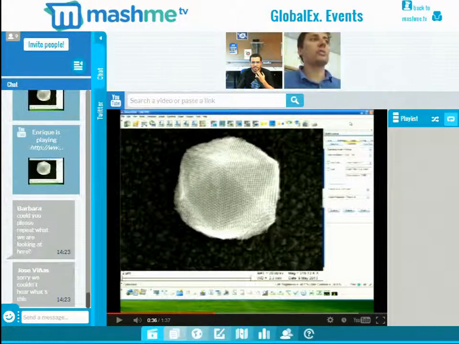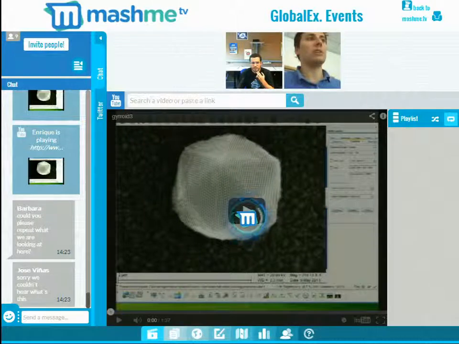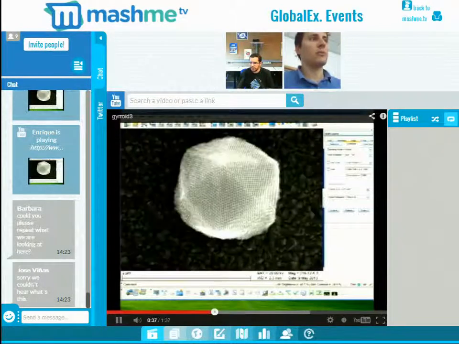It looks like a crystal, but it's actually not a crystal, it's a polycrystalline material. It's just the way we grow these, and it starts to look like a crystal.